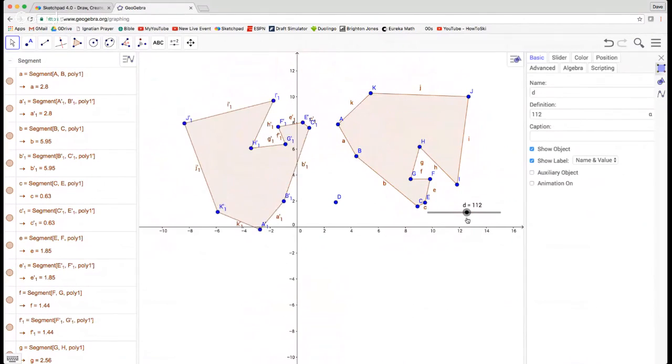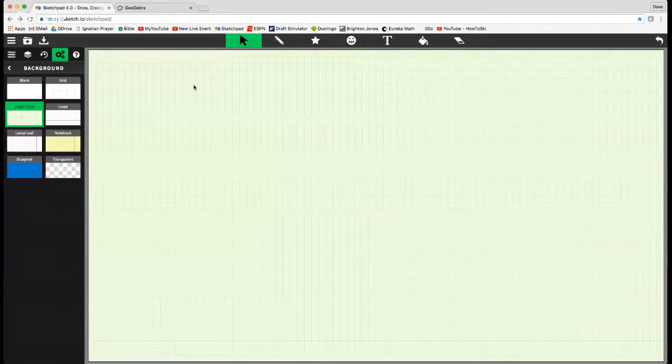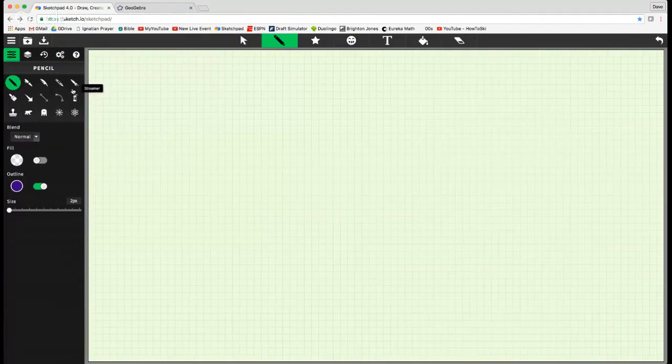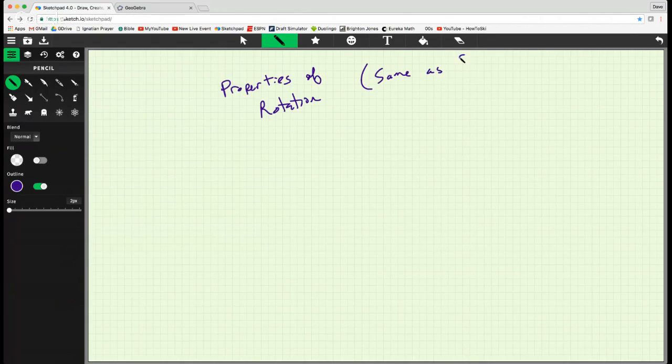The first point is that objects... well, let's go back to Sketchpad real quick. And we're going to have the properties of rotation. These are going to be the same properties as we had for reflection and translation.